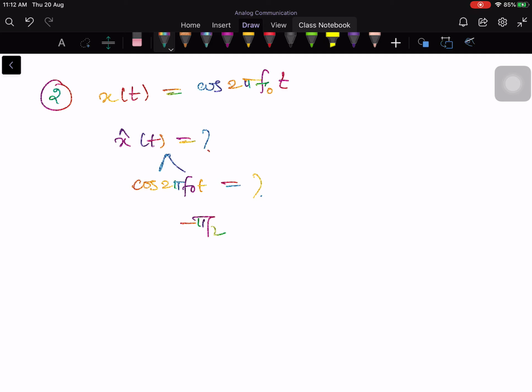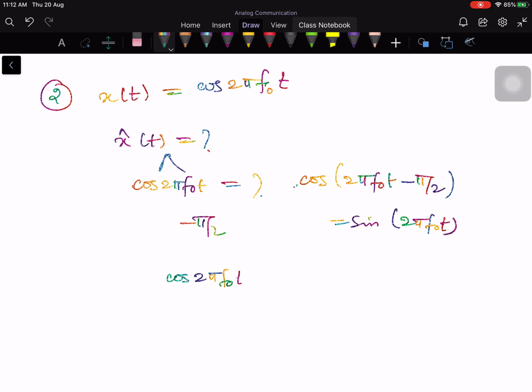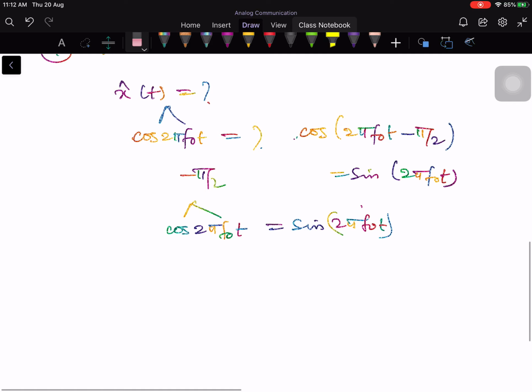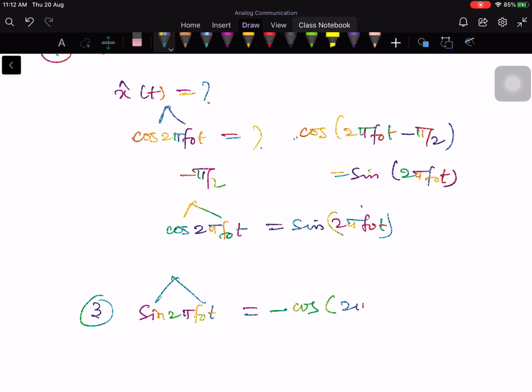Therefore, this is going to be cos of 2 pi f naught t minus pi by 2. Cos theta minus pi by 2 is equal to sine of 2 pi f naught t. Therefore, Hilbert transform of cos 2 pi f naught t is equal to sine of 2 pi f naught t. I am sorry, this hat will not come. Similarly, you can find the Hilbert transform of sine 2 pi f naught t. This is going to be minus cos of 2 pi f naught t.